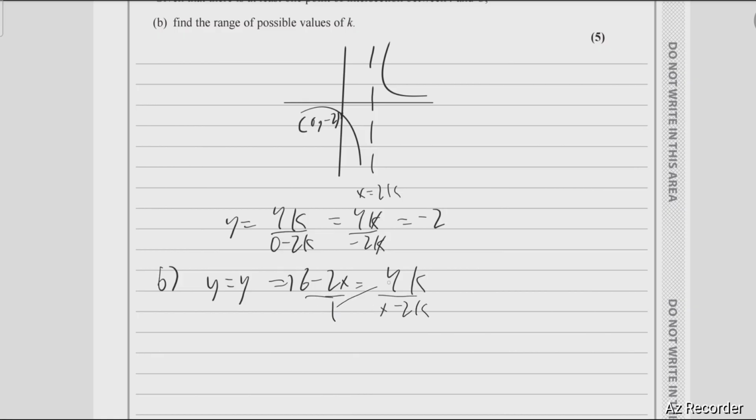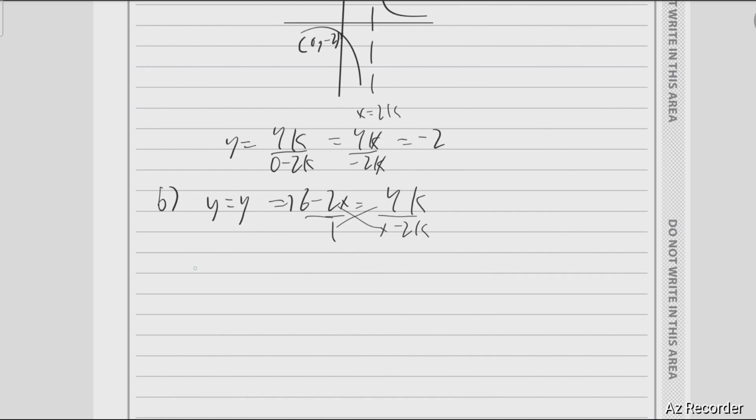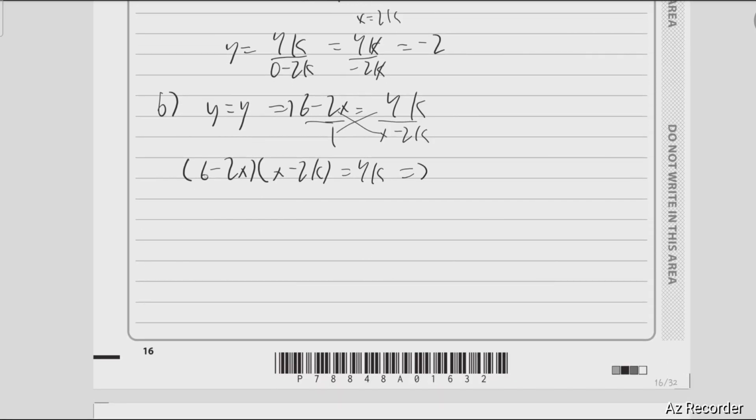Now just multiply this by this. 6 minus 2x times x minus 2k equals 4k. 6 times x, 6x, minus 12k, minus 2x squared plus 4kx, equals 4k.